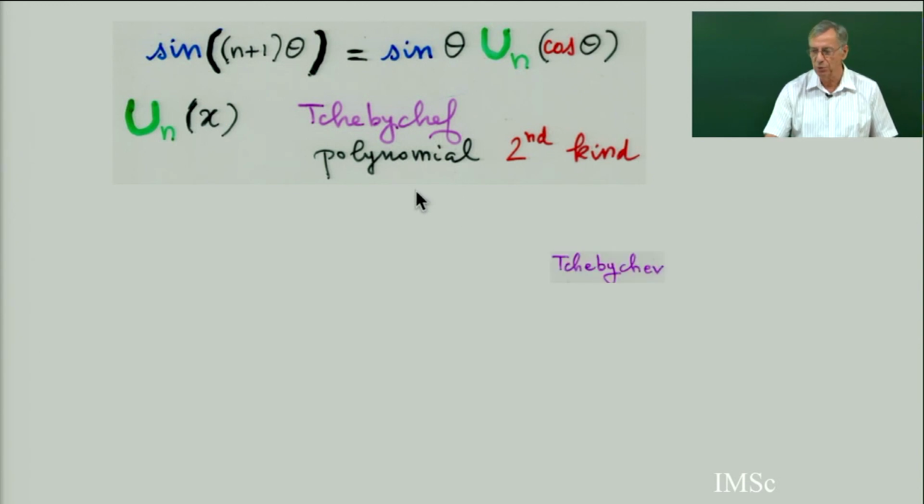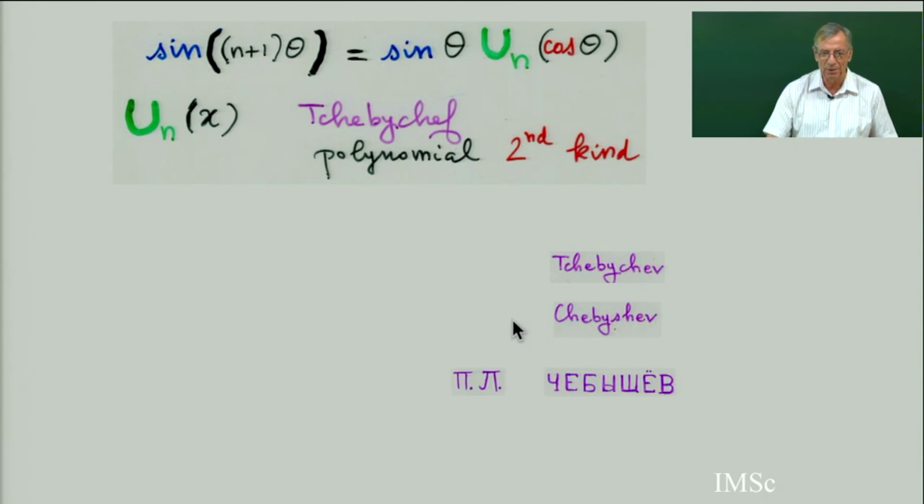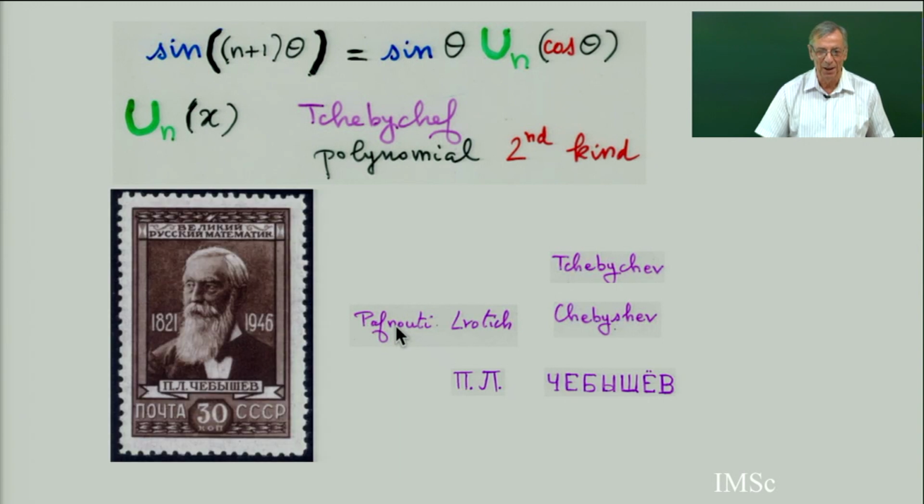Chebyshev, if you see, there is the French, the English way to translate the Russian letters. So sometimes people write like this, or they write in French like this, or like this, even in English like this. Maybe the best is to write in Russian. Chebyshev, and this is the first name, and in fact here is Chebyshev.